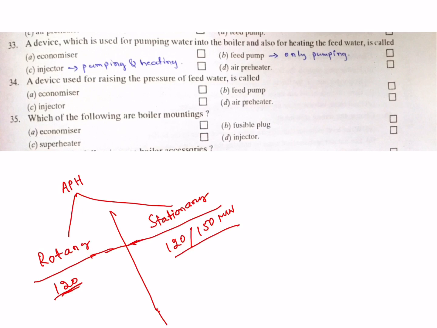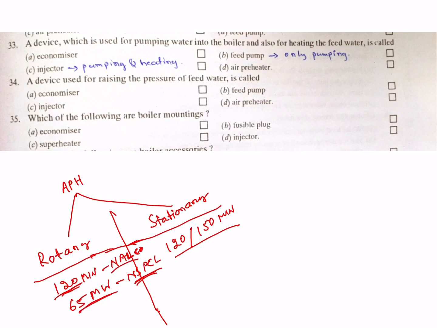I have seen rotary air preheater in 120 megawatt in Nalco. They are using rotary air preheater for 120 megawatt. In 65 megawatt, the NSPCL Durgapur unit is also using rotary air preheater.